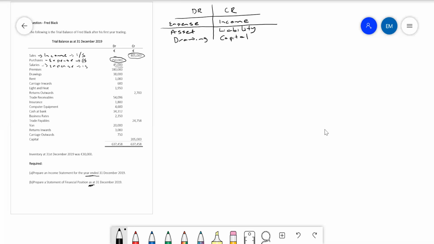Splitting that out further, income and expenses appear in the income statement, and your assets, liabilities, drawings and capital appear in your statement of financial position. I find it very useful to write that out at the start of a question, as it should guide you to where each account should be posted.